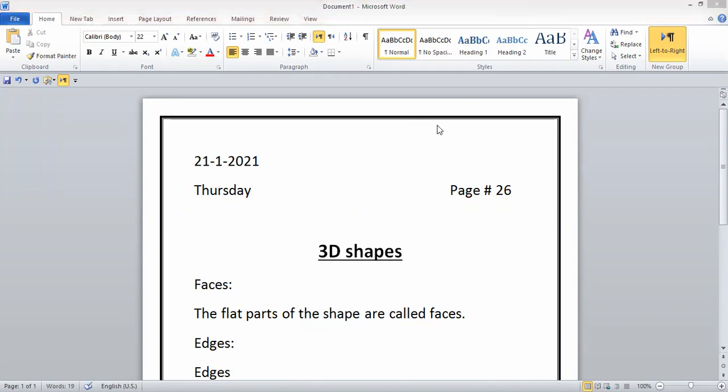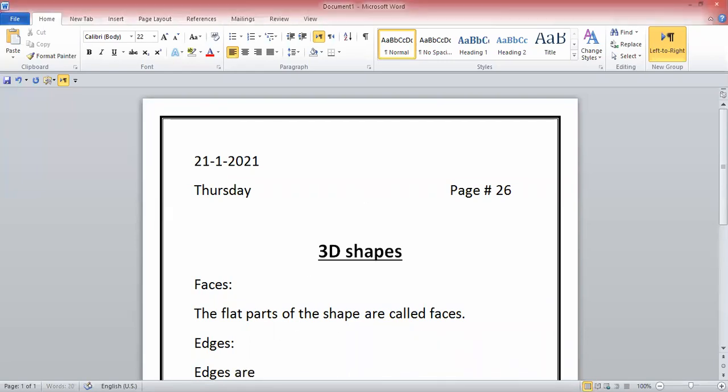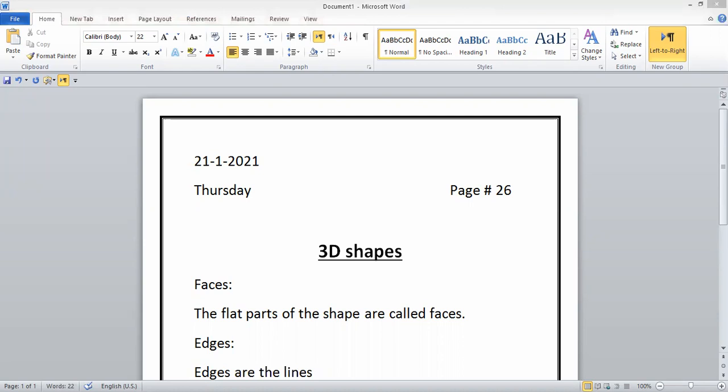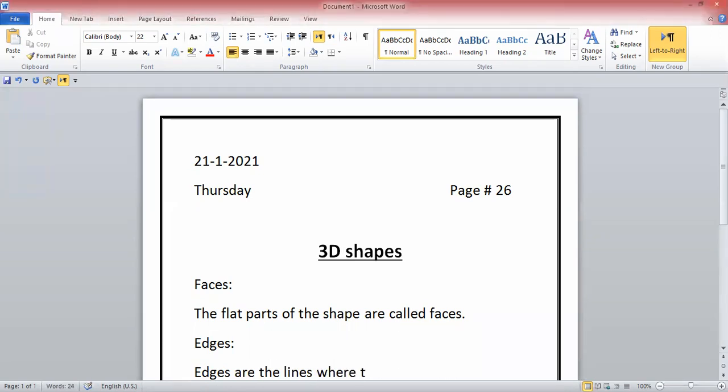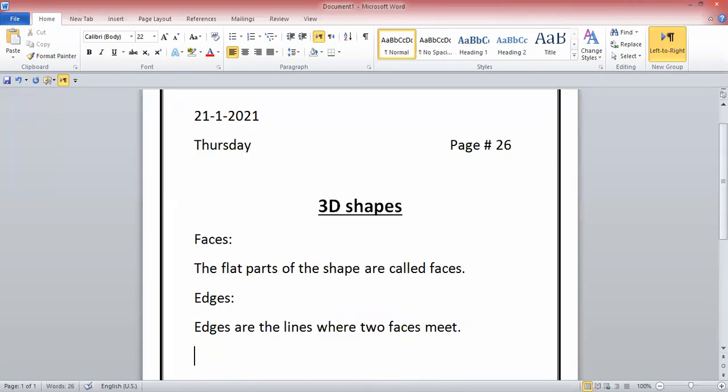Okay, all right, I am writing it. You can copy it. Edges are the lines where two faces meet. Very good.